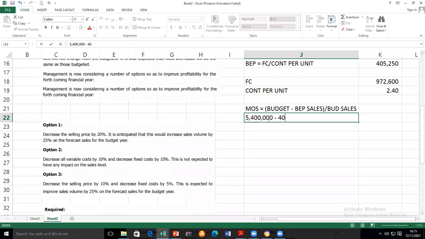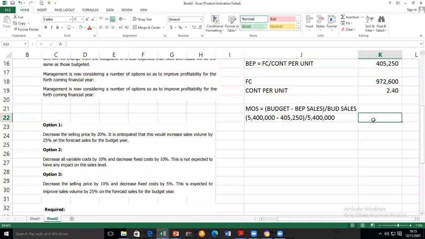Minus, divide, over 54. So let's go. What is the percentage?